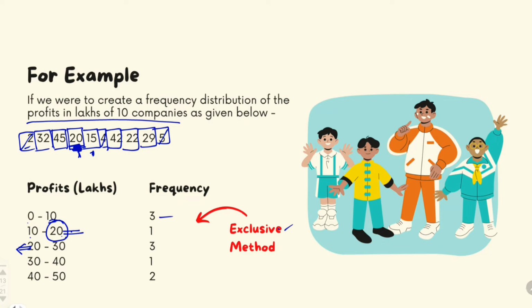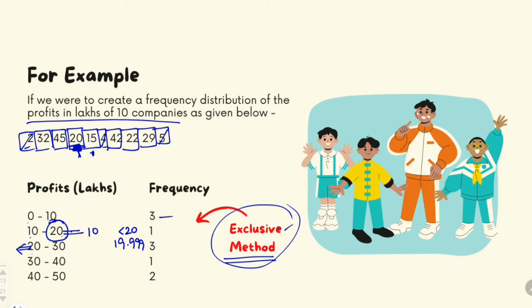Okay, so in the exclusive method, 10 to 20 means 10 is included. So 10 and above, but not 20. So 19.999 is also included here, but not 20. 20 will start from here. If that is the case, then it is the exclusive method, and we most often use this method.